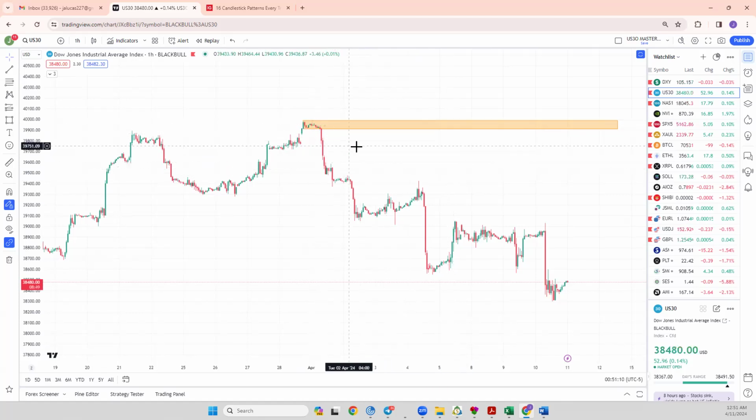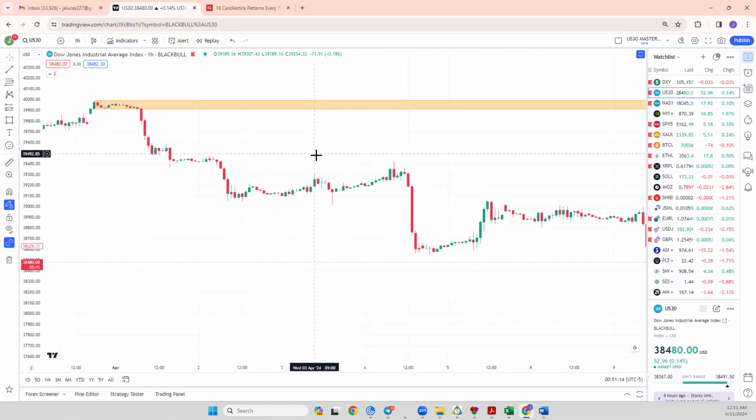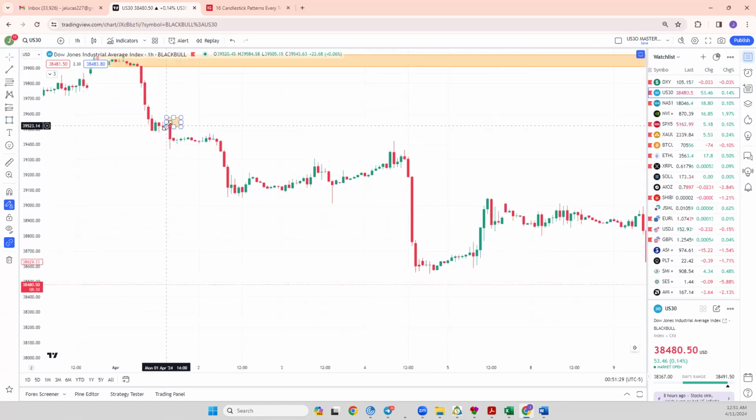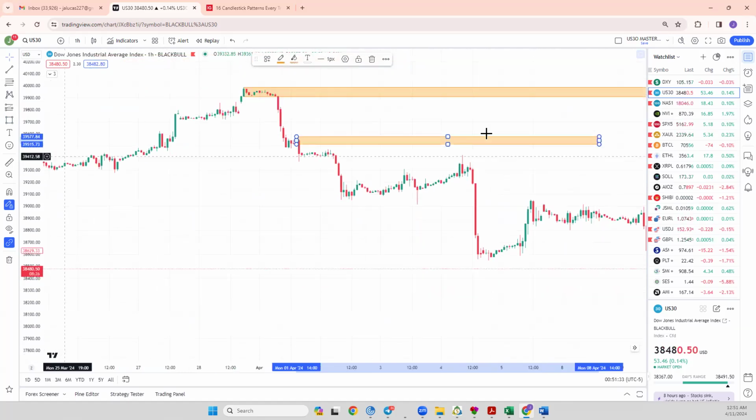So we come down and we see the next order block, right? We came down, we consolidated. This would be considered a small order block right here. It was a bullish candle, and then we had a strong downtrend afterward. That's considered a level right there.